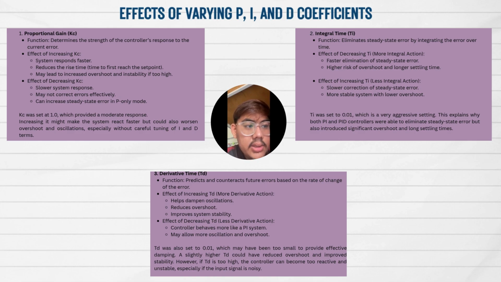The effect of increasing Kc is the system responds faster, reduces the rise time, but may lead to increased overshoot and instability if too high. Next, effect of decreasing Kc: slower system response, may not correct error effectively, and can increase steady state error in P only mode.